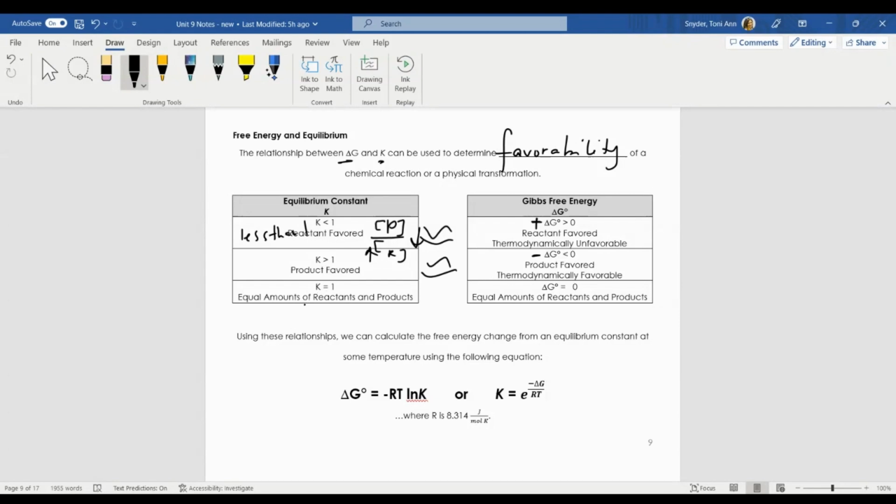If K is equal to 1 and delta G is very close to 0, that again means that you have a relatively equal amount of reactants and products. So neither side is really favored over the other. So there is a relationship between the equilibrium constant and Gibbs free energy. If a reaction is very product favored in terms of equilibrium constant, that means that it tends to have a negative Gibbs free energy.